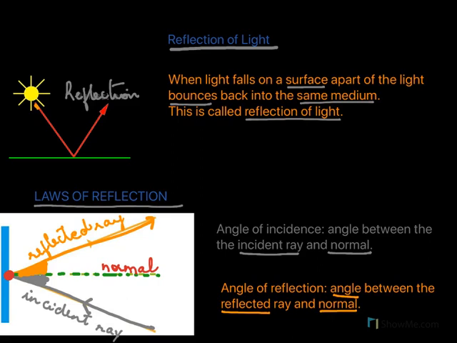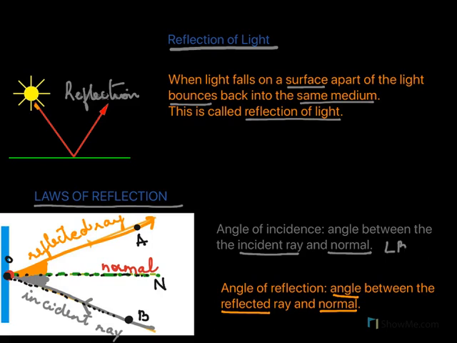In this figure, if I mark this point as A, this point here is O, and this is B. Here I'll mark this as N. So angle BON will be the angle of incidence. Let me write that.